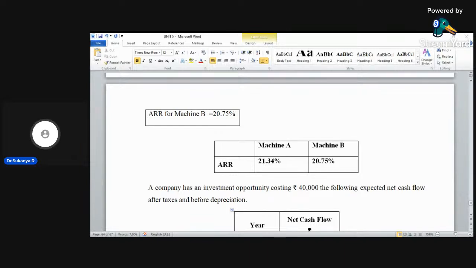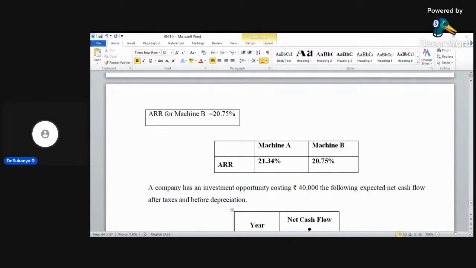So in today's class, I have told you about the payback period method as well as the ARR method. Please keep in mind, payback period is nothing but the time within which you will be able to recover the original investment. For that I told you that you can have even cash inflows or uneven cash inflows.